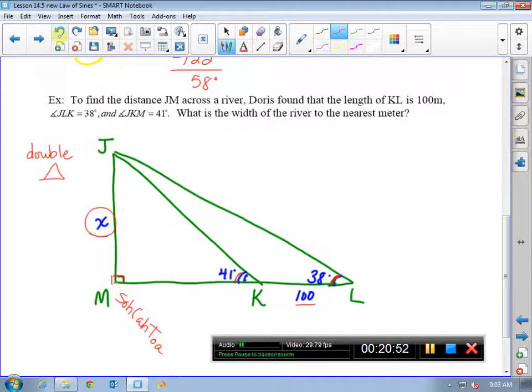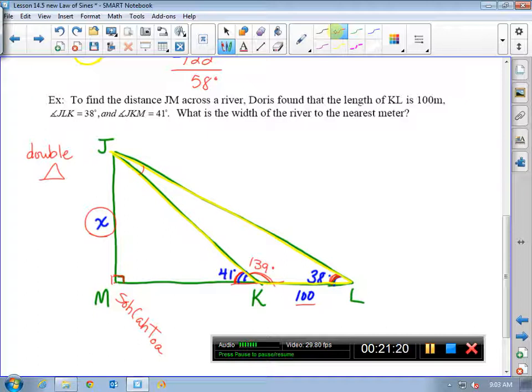So if I know that this angle out here is 41, then I can figure out this angle in here because it's a supplement. It's going to be 139 degrees. And then if I know this is 139 and this is 38, in this skinny triangle out here, I can find this upper angle.